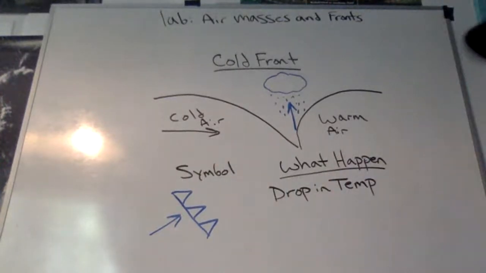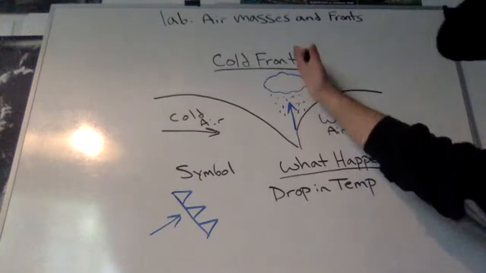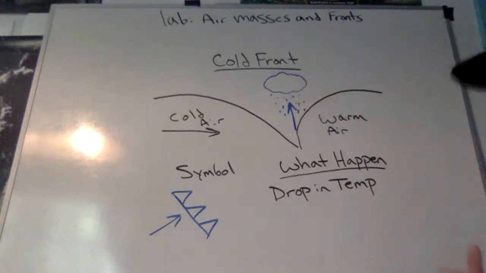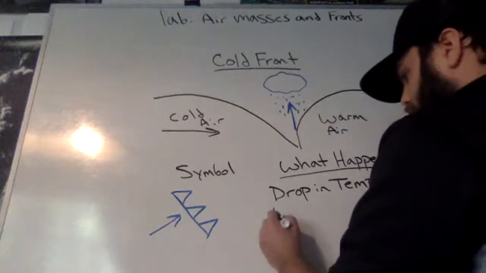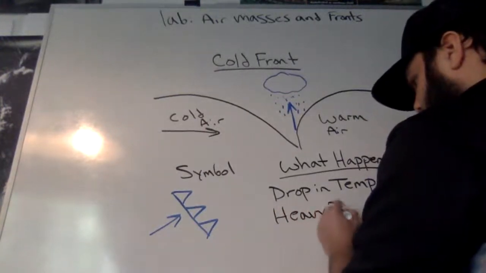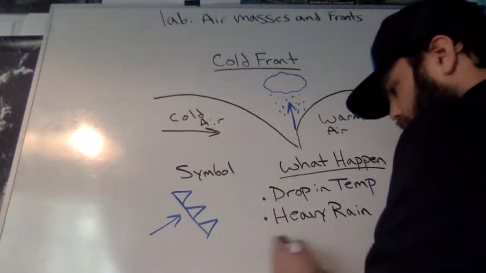You're no longer in that warm front area. The other thing is, since the warm air is going up so fast, it's forming those clouds, and now it's going to rain. So it's going to be really heavy rain or precipitation. Those are two of the things.